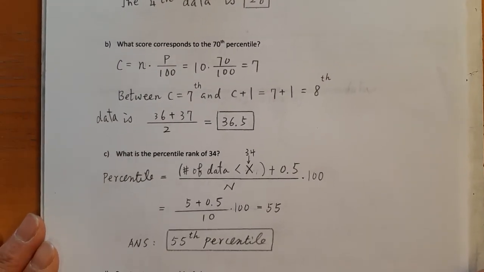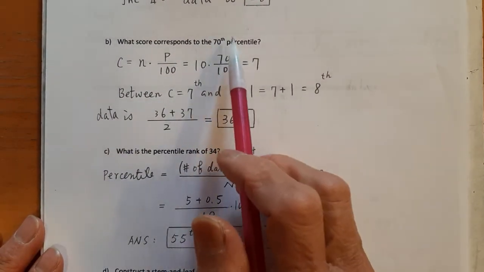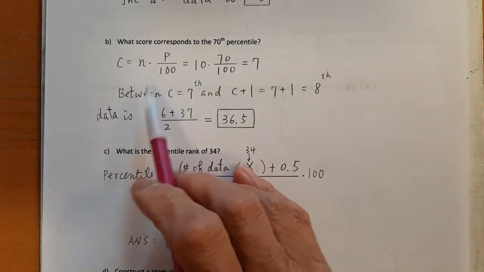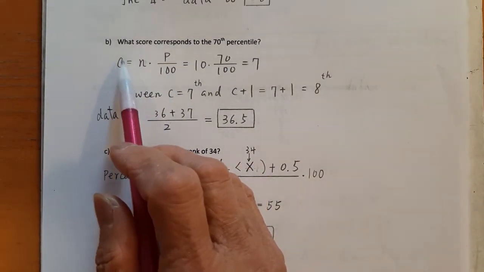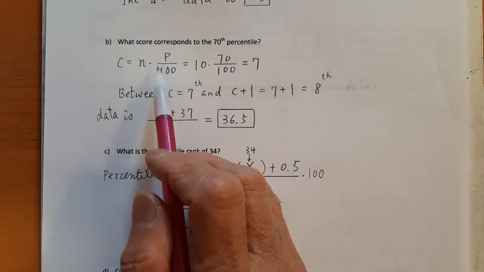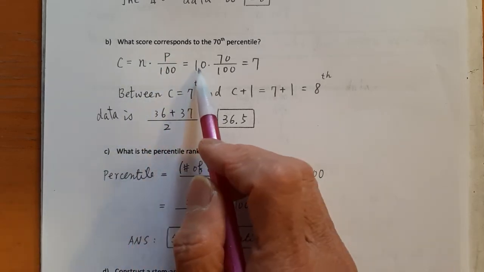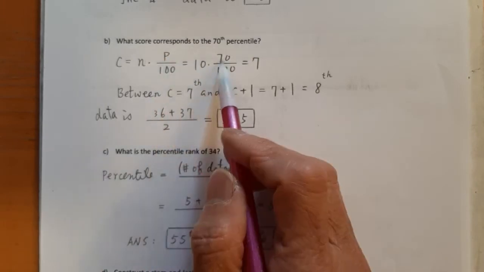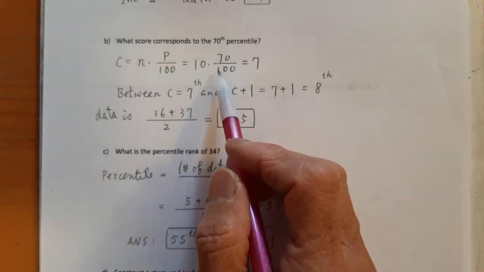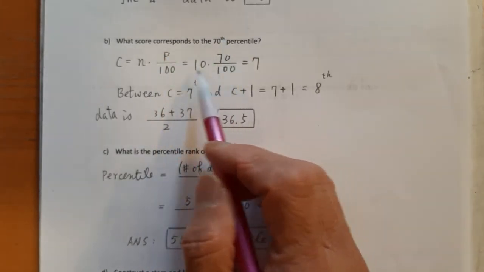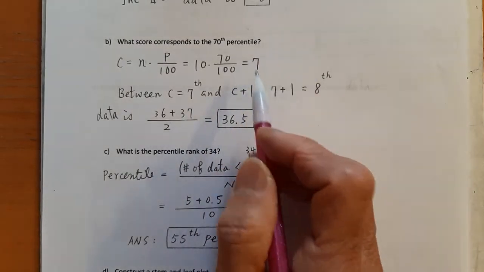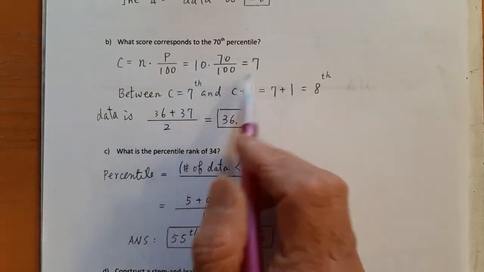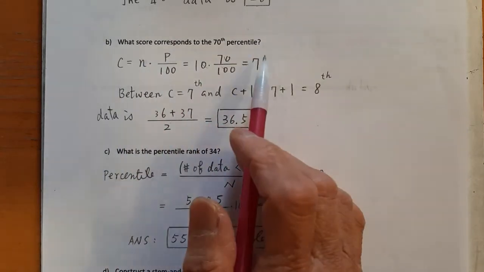Then B: what score corresponds to the 70th percentile? So also use the count. C equals N times P over 100. N is 10 because there are 10 scores, and P is 70, so 70 over 100. Cancel the zero and you get 7. So C equals 7.